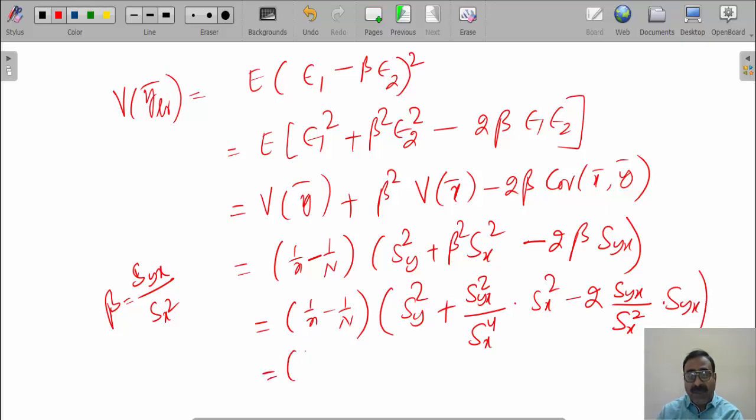So this will be 1 by small n minus 1 by capital N, this is sy square minus 2 syx square by sx square.